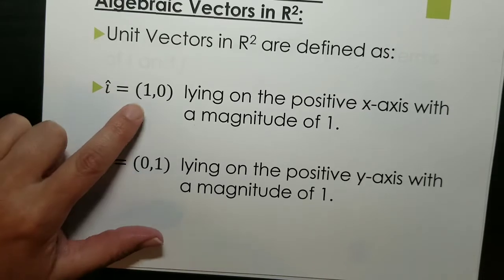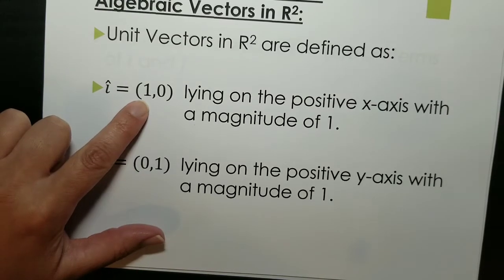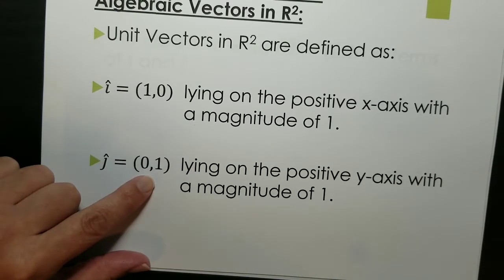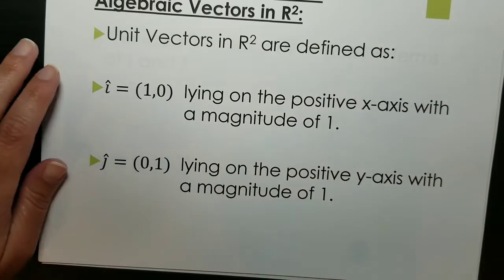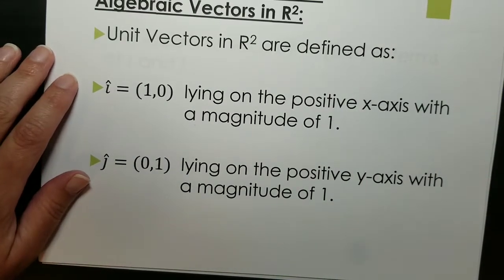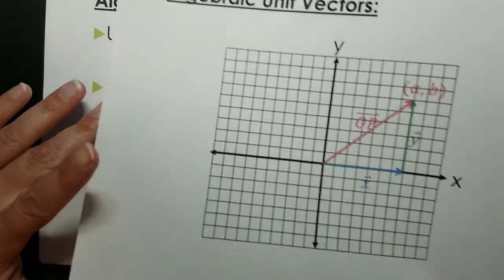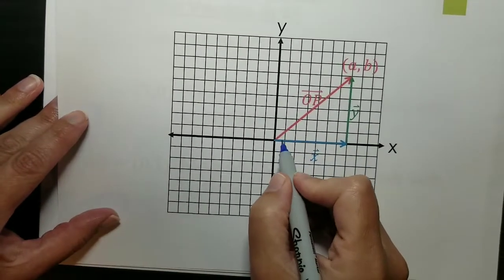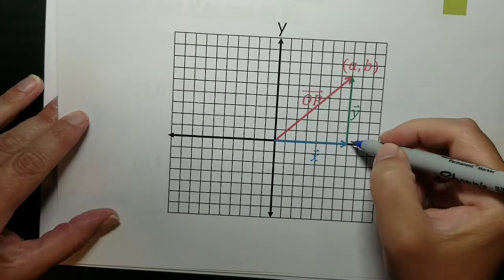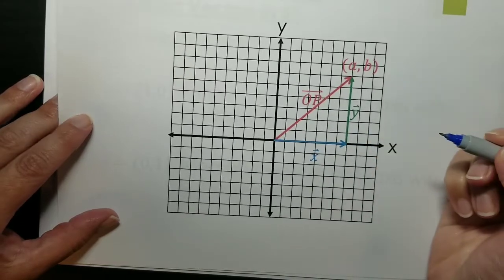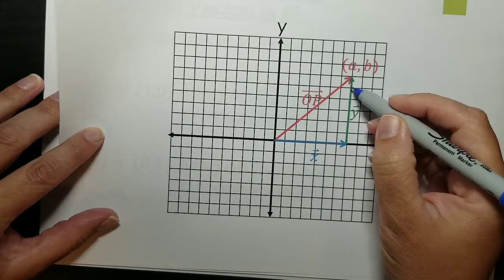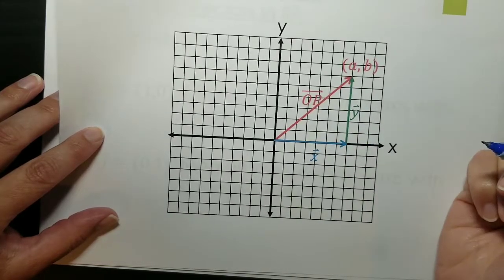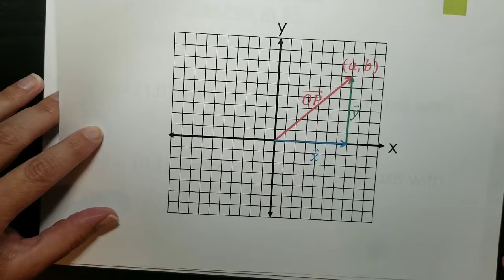So if you're starting at the origin, this one goes 1 unit right in the positive x, and this one goes 1 unit up. And hopefully you guys can see where we can take this. Flipping back to that previous diagram, that would be vector i going 1 unit along there, and that would be vector j going 1 unit along there. So we can break these component vectors, the x and the y, up into a scalar multiple of a special unit vector.